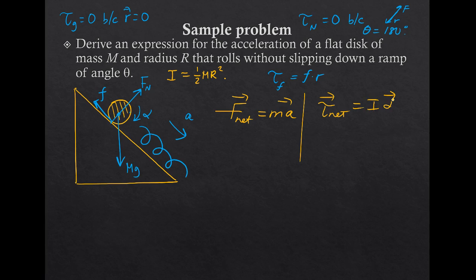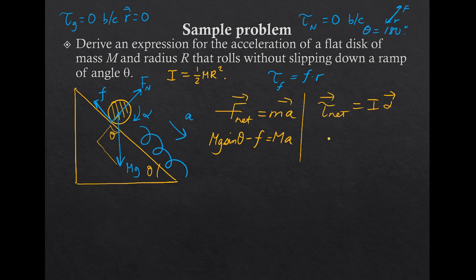Now Fnet equals ma, we think about our angle of ramp here, theta, and theta right here. So we have mg sine theta minus friction is equal to ma. And so we don't know what friction is yet, but we're going to solve that with torque net.